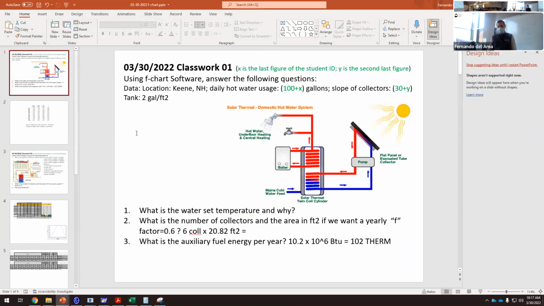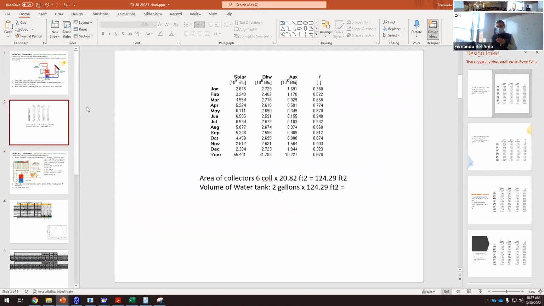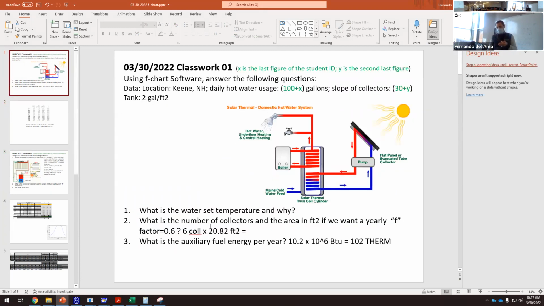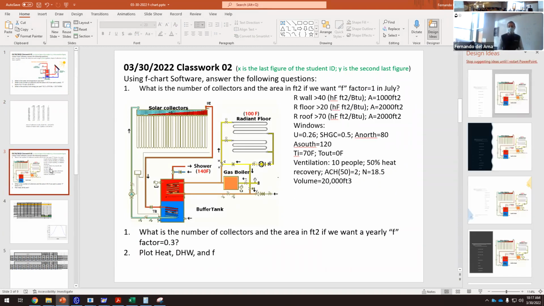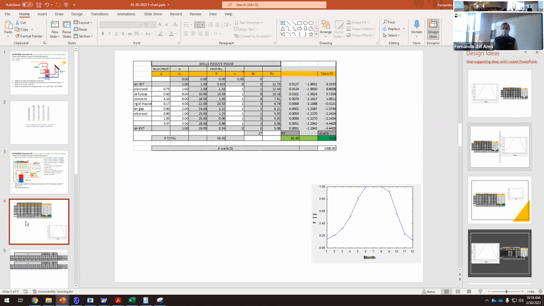We first tried just the domestic hot water, then we added domestic hot water and the heating system. First we need to know the amount of heat, the power that we need in our system. That's why we need to use another tool. We can use Revit, but we need a tool to calculate the heating system.